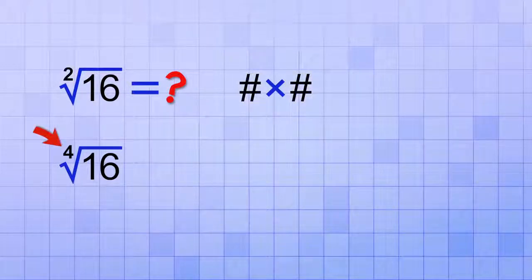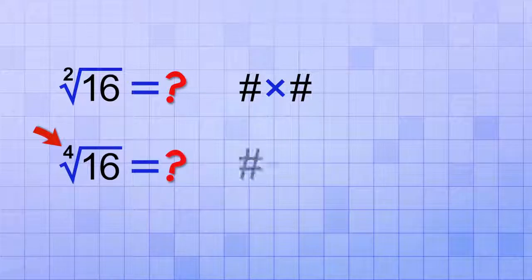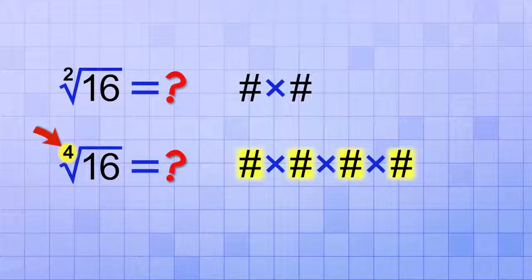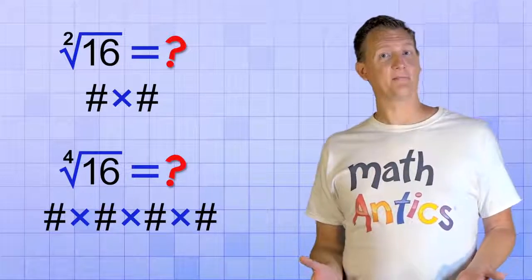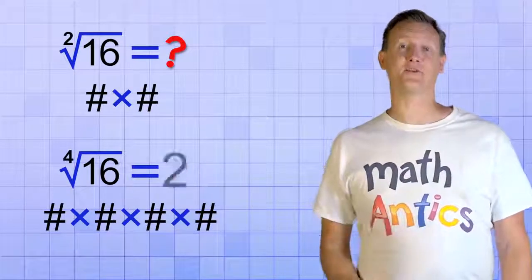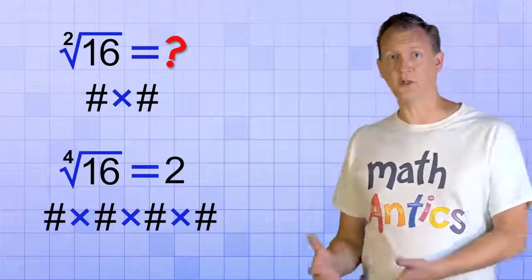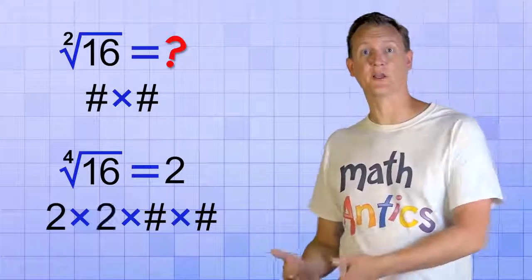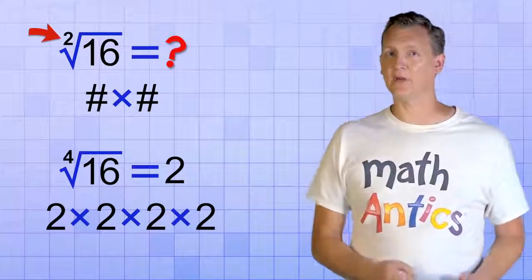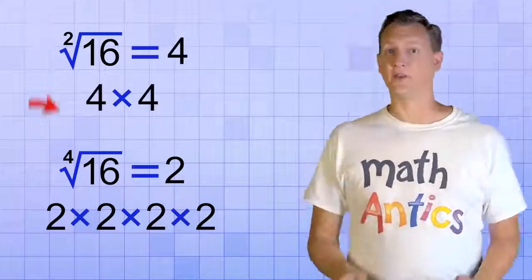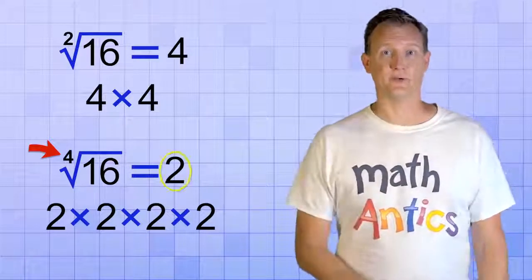But this new root is asking us to figure out what number we could multiply together 4 times to get 16. That's a bit trickier, huh? Can you think of a number like that? Yep, the answer is 2. Because if you multiplied 4 2's together, 2 times 2 times 2 times 2, you get 16. So the second root of 16 is 4, but the fourth root of 16 is 2.